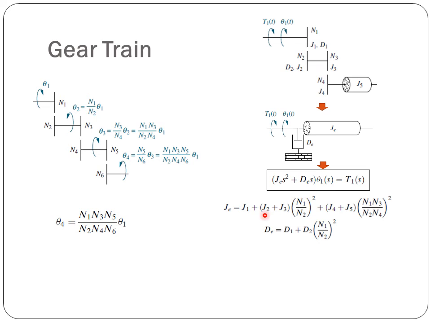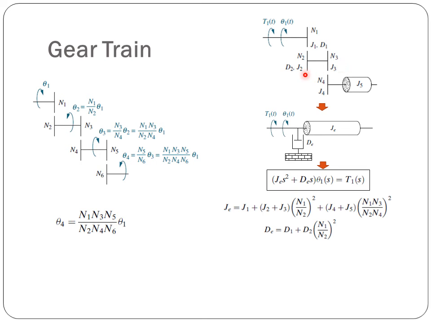So this is it. Often we see that students make the mistake of transferring J2 by n1 by n2 but not transferring J3 using the same formula, because they think that J3 is associated with n3. So this is a mistake.